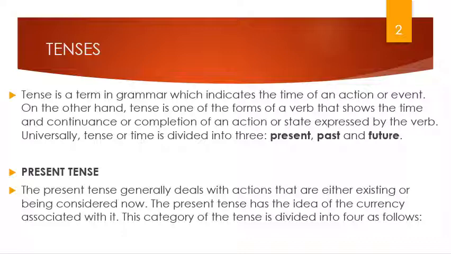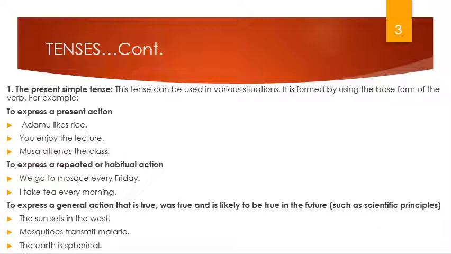That is, any action that is existing or taking place daily, or an action that is being considered now at the present time, is what is called present tense. The present tense has the idea of currency associated with it. This category of the tense is divided into four as follows: the present simple tense.